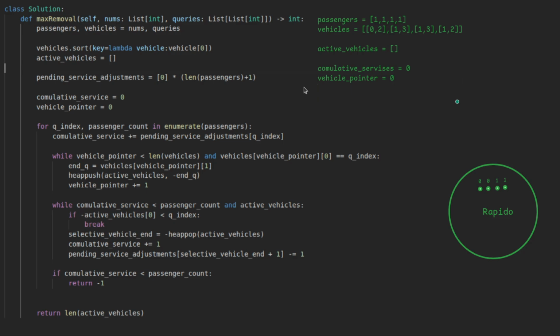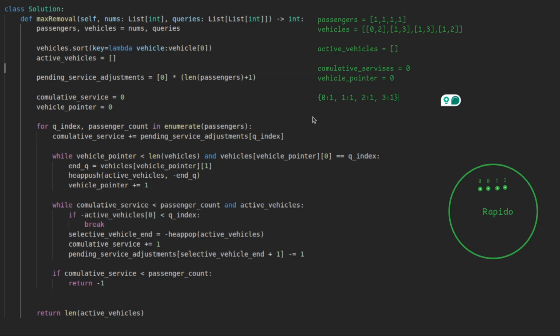Now for each queue index and passenger count in enumerate passengers, at index 0 I will get 1, at index 1 I will get 1, at index 2 I will get 1, and at index 3 I will get 1, right?